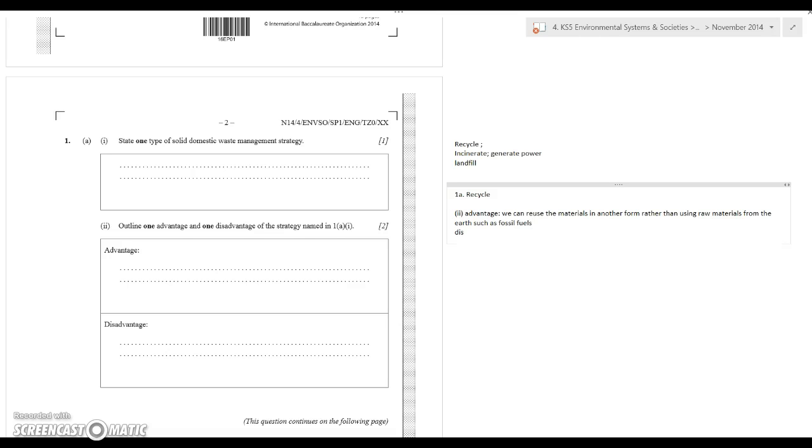And a disadvantage is that it still requires energy, which is usually going to be fossil fuel energy, to convert waste into recycled material.